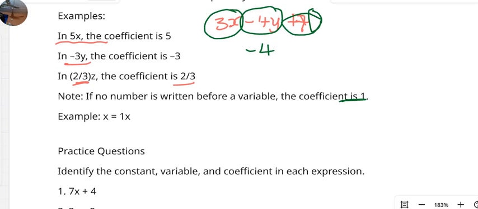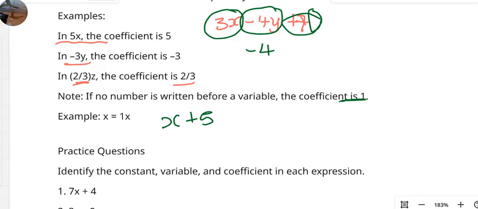For example, let's write something here. We have, let's say, x plus 5. Look at the x there. What is the coefficient of x? The coefficient of x is an invisible one. Once an alphabet is alone without any number attached to it, it means there's an invisible 1, because 1 times x is still going to give you x.